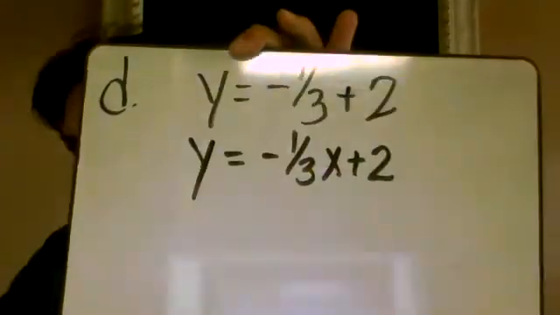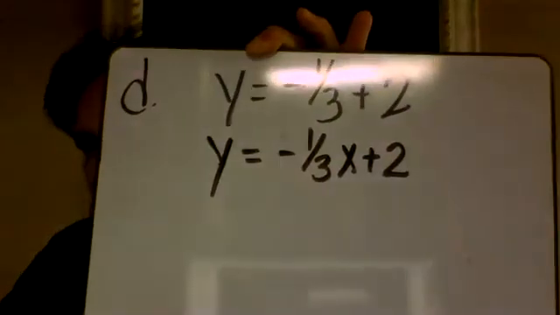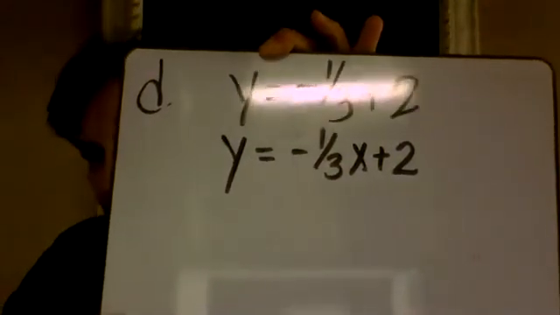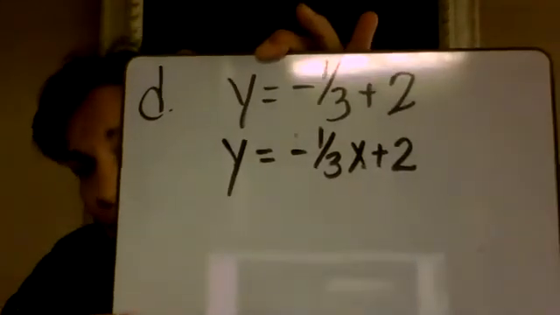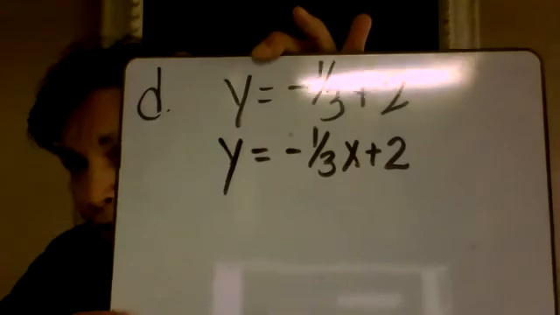But what do you see? They are the exact same line. So if we graph this, we're only going to have one line because it's the same equation. So in this case, because it is the same line, our answer would be infinite solutions.